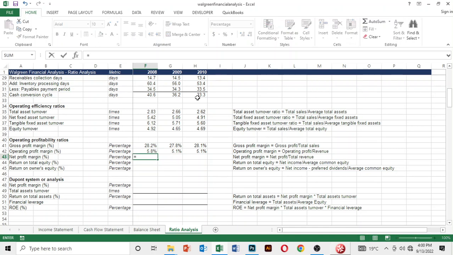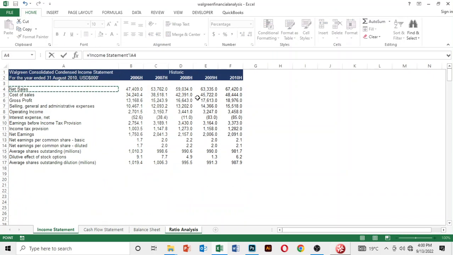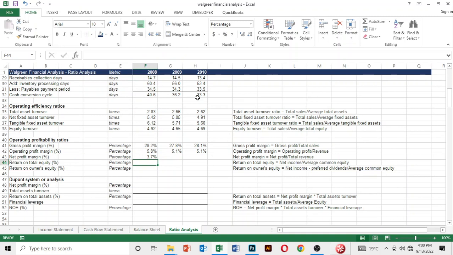Then let's compute the net profit. So we use net earnings for 2008. We divide that by the revenue, times 100, and then return on total equity. Return on total equity is computed as net income divided by average common equity, right?